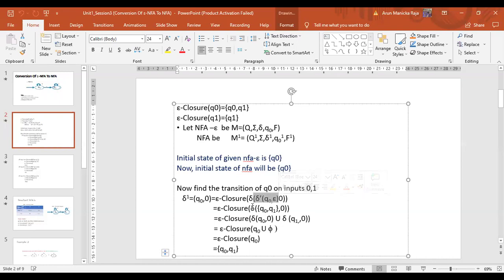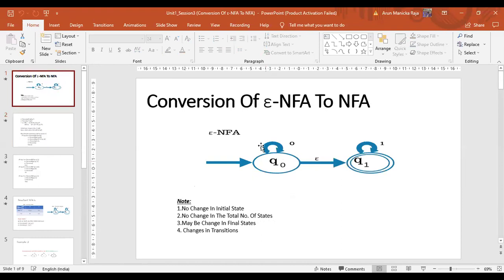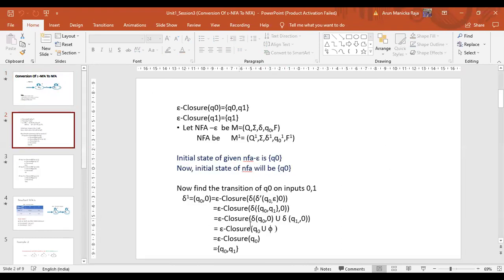After that we have two states and one input. With the help of union operator we can calculate the value for that particular transition. So Q0 comma 0 union Q1 comma 0. We have to find the value for this transition with the help of the diagram. Q0 comma 0, it moves to again itself. So the value is Q0, and another one is phi.